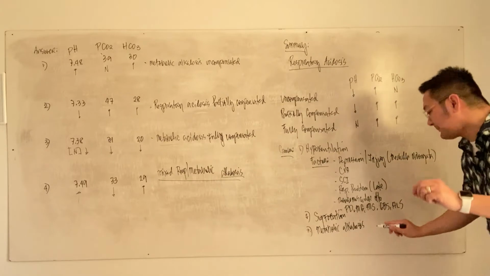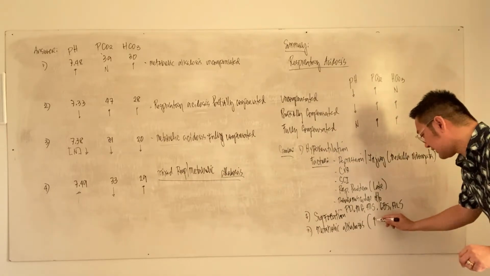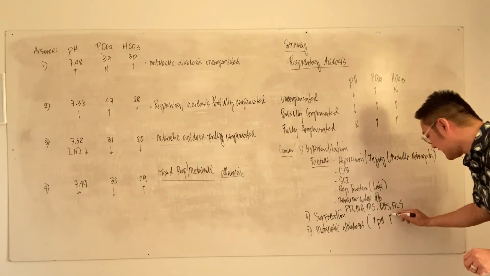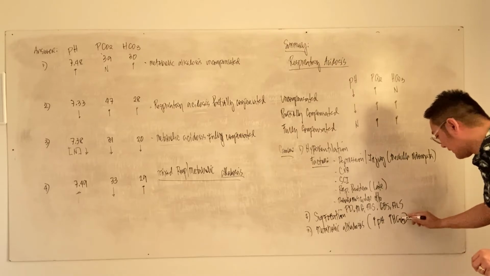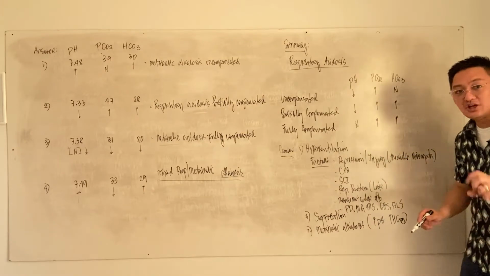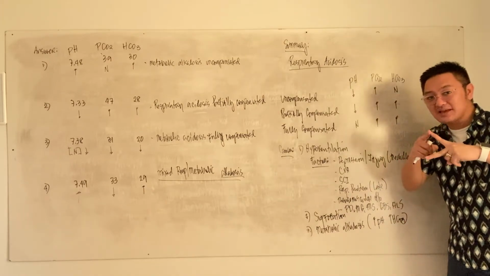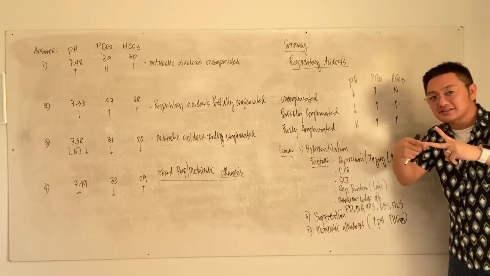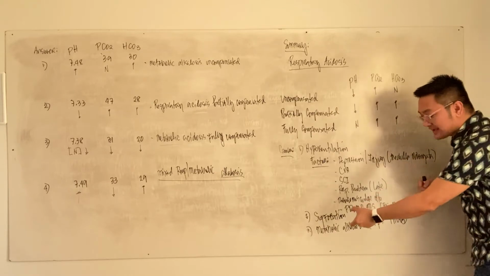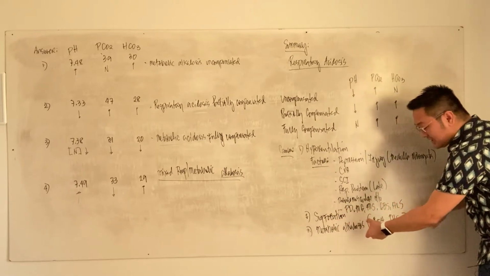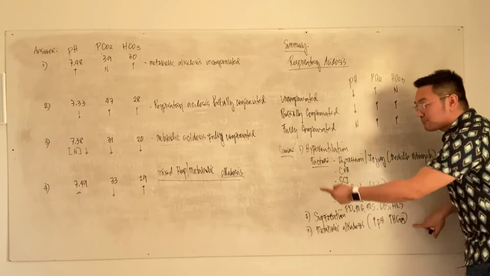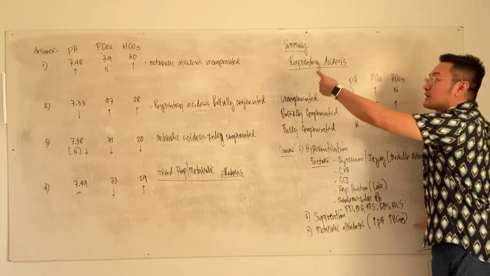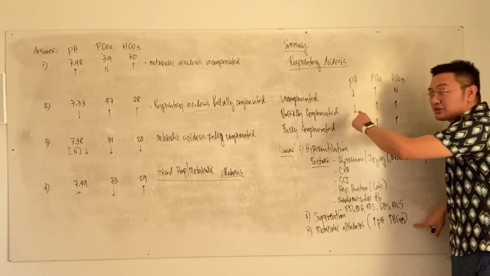Remember, in metabolic alkalosis, there's an increase in the pH and there's an increase in your bicarbonate. That is why, remember I said, the two systems, if one system is affected or has a problem, the other system will compensate. Because you have an existing metabolic alkalosis, chances are you tend to hypoventilate, to induce respiratory acidosis, to bring down the pH.